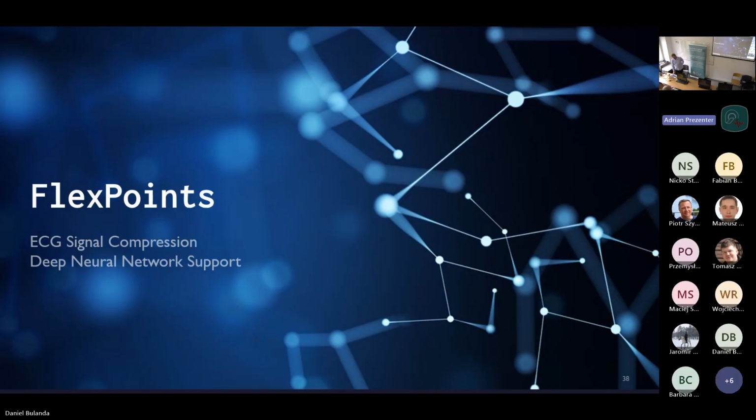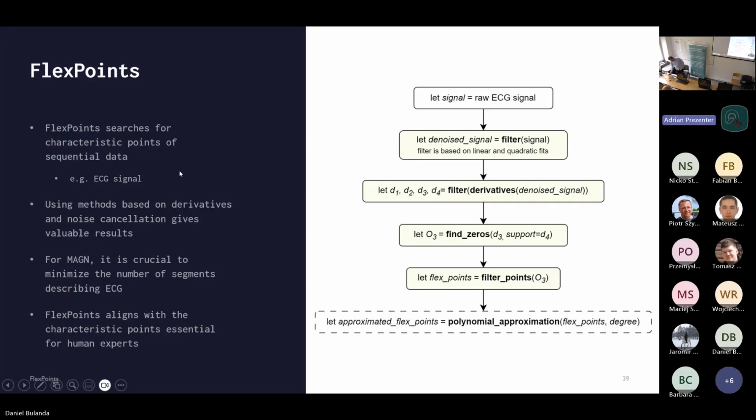And the last one is the flex point algorithm, which is an ECG signal compression algorithm. What is new in the previous year is that we applied this algorithm to somehow improve the performance of deep neural networks. So in short, this algorithm uses a dedicated filtering algorithm, which is based on linear and quadratic approximations.